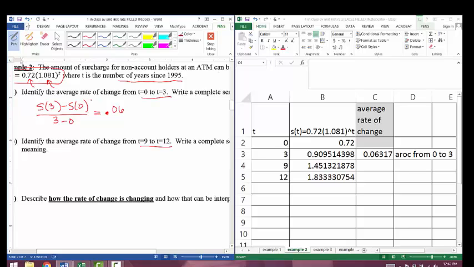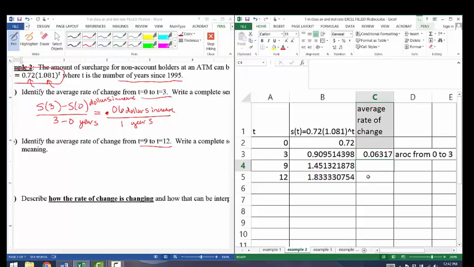The units in the numerator, this is dollars of increase in the surcharge, and in the denominator, this was years increase. So my answer still has dollars of increase in the numerator divided by years of increase. Remember, you can always write a number over 1, so the denominator here can be 1. I'll do it again for the time period from 9 to 12.